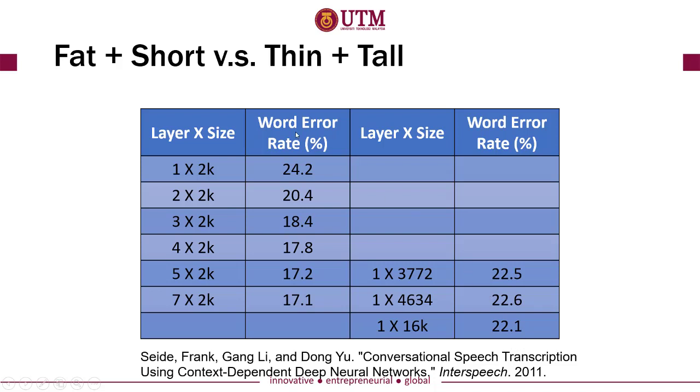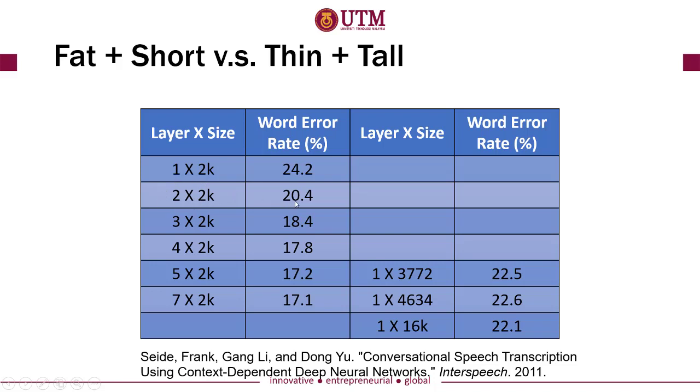Now see these two columns. One layer with 2000 neurons gives 24.2, which is close to this error here, because this is still one hidden layer, so it's not considered deep learning because it's a single layer. Now let's say you add two hidden layers, each with 2000 neurons, meaning the total is 4000 neurons.